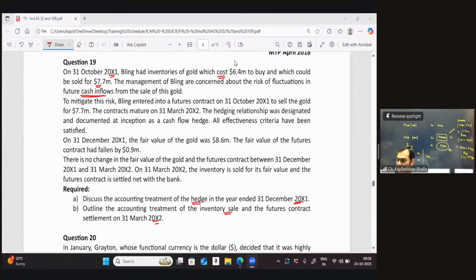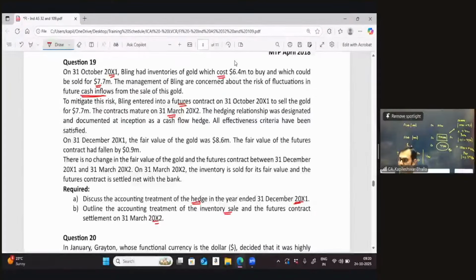Then, to mitigate this risk, Bling entered into a futures contract on 31st October X1 to sell the gold for 7.7 million. The contract matures on 31st March X2. So they entered into a derivative contract on the same date, 31st October X1, and its maturity is March X2.